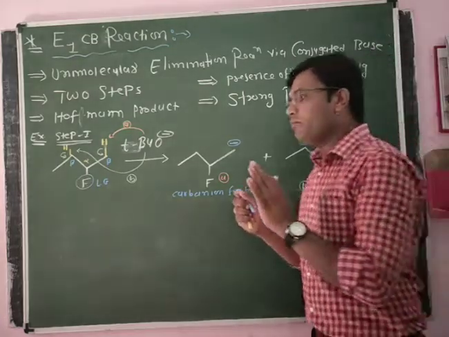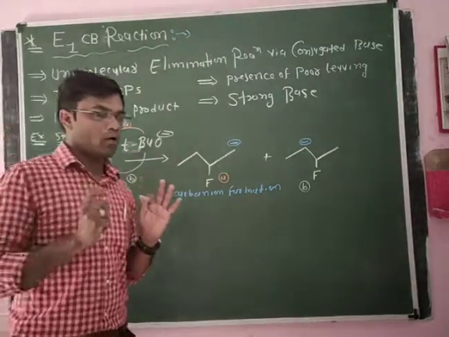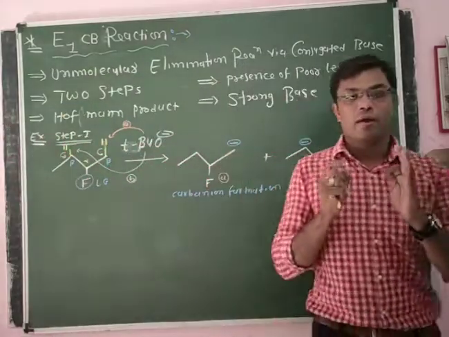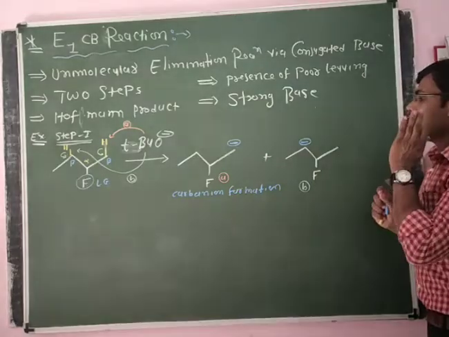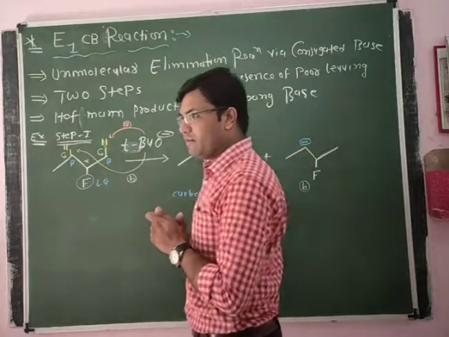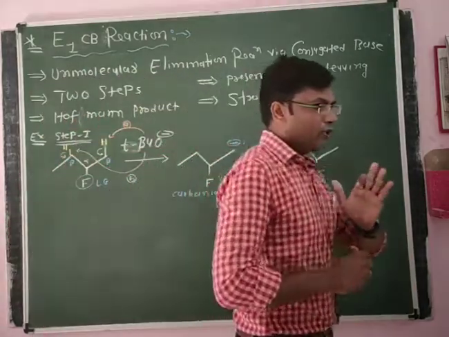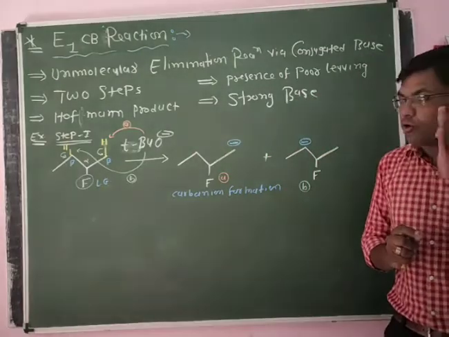Now out of these two possibilities, which one is our major product, or we can say which one is the more stable carbanion. You know very well the stability order of the carbanion. 1 degree is more stable than 2 degree. It is the opposite of the stability of cation, you know very well.